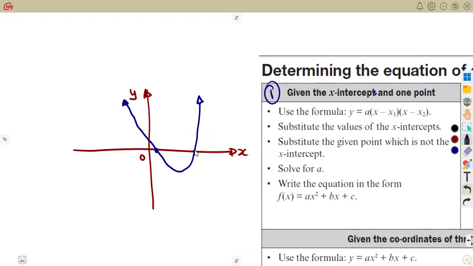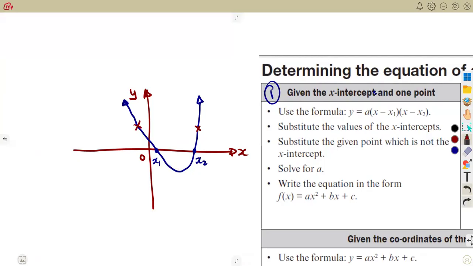Let's just call our x-intercepts x1 and x2. And you are given 1 point on this graph, any point. The point can be here, it can be here, it can be anywhere.